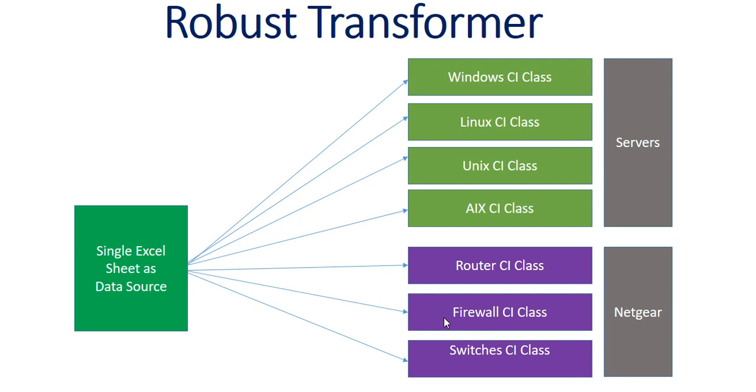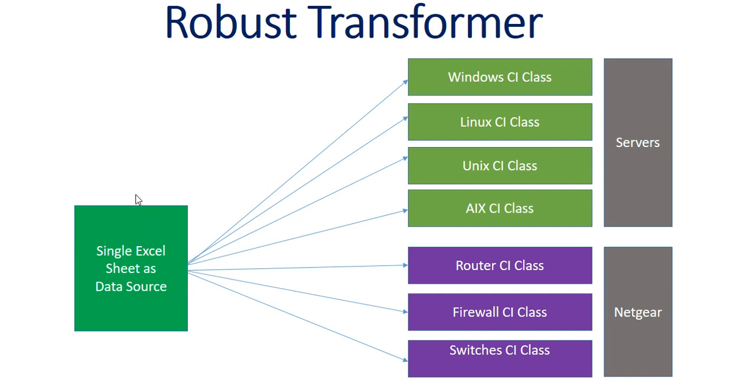Why did I do this? Because we need to see the robust transform maps ignoring, by not creating a new CI in case the first one in the CMDB already exists, right?